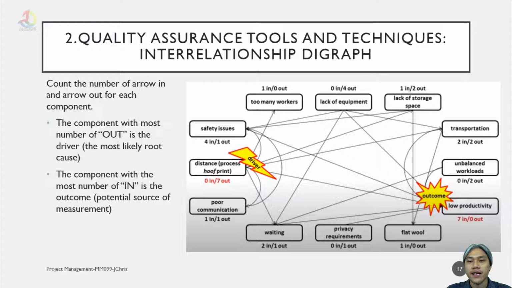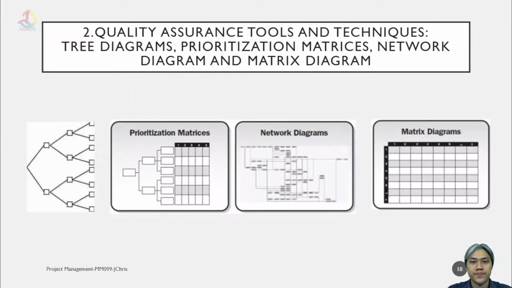So we can count from the low productivity, because it has the most number of in, as a potential source of measurement. So we will measure productivity in our quality assurance.